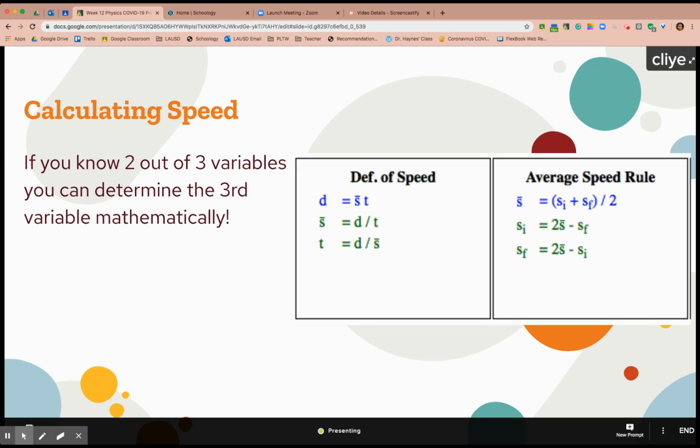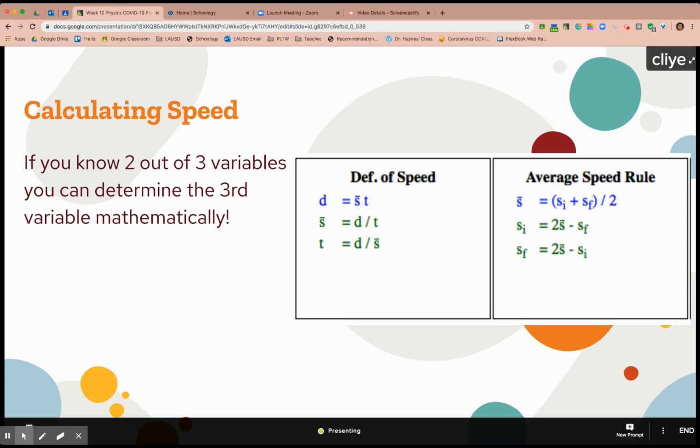And then the average speed rule: if you want to find the average speed, you have to use the initial speed and the final speed. You add them together first and then divide by 2. But if you already know your initial speed, you multiply the average speed by 2 and subtract the initial speed to find the final speed. If you need to find the initial speed, you multiply the average speed by 2 and subtract the final speed.